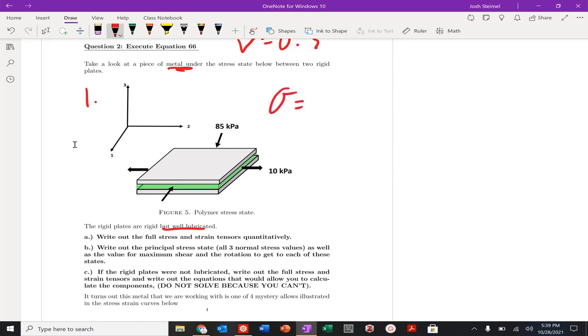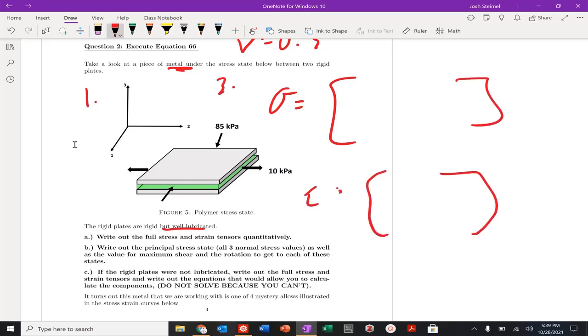So my stress state in step 3, I need to find out my stress tensor and my strain tensor. So I know that in the 2-2 direction, there is 10, and all this is in kPa. So my sigma 2,2, I know that value. I also know in the 1,1, there's minus 85 as well.